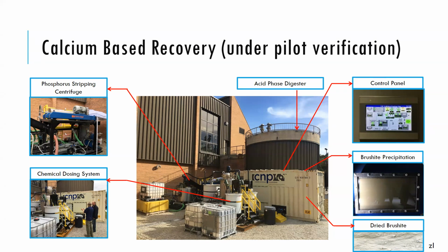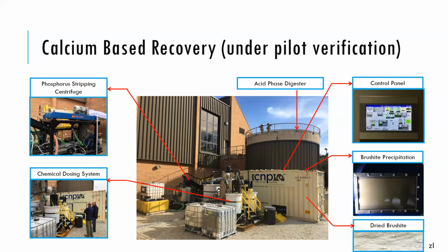This is considered a successful pilot study that is supported by the Water Research Foundation and tested in one municipal plant, but also received samples from multiple large and small treatment plants for the validation of the process.